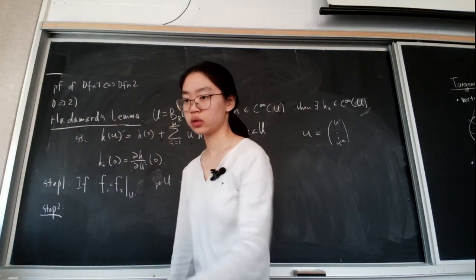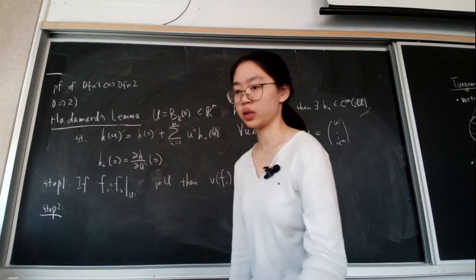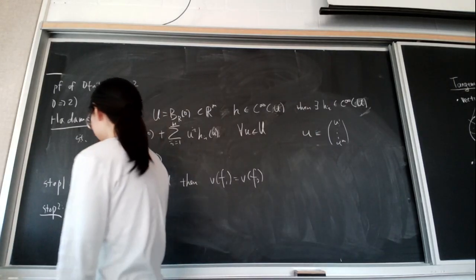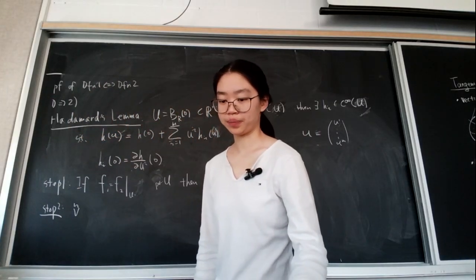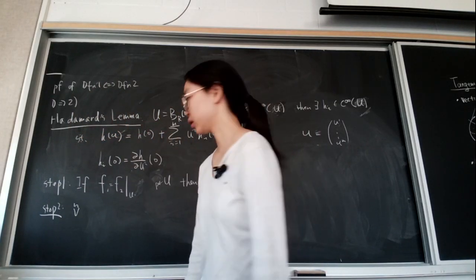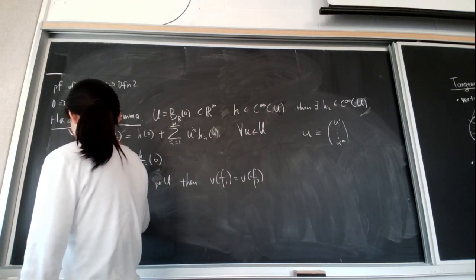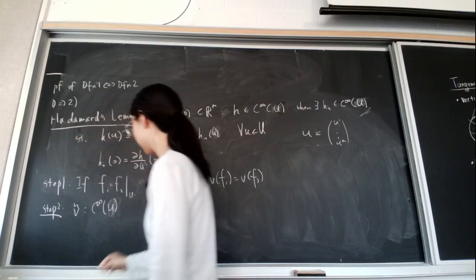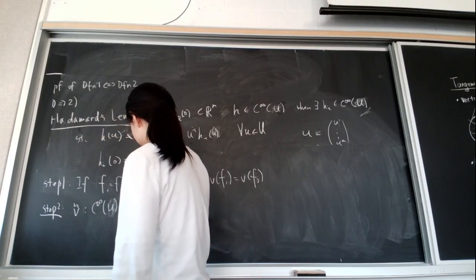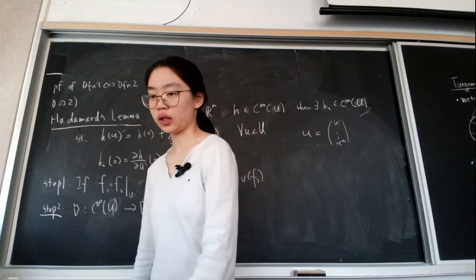And then step 2 is we are going to define a linear map V tilde on C infinity of U to R with the same kind of properties.